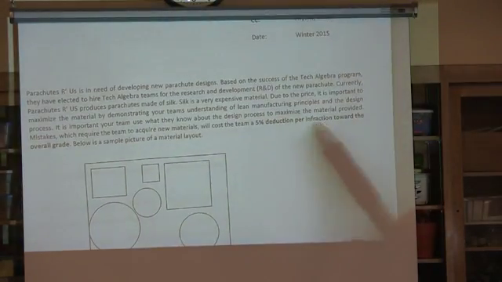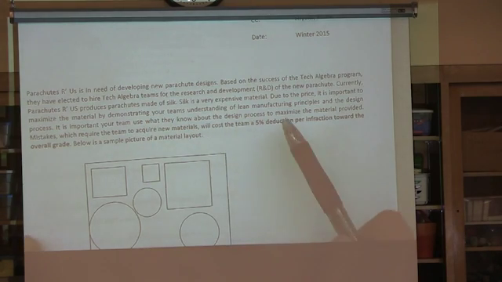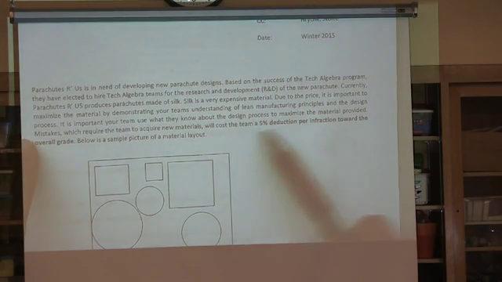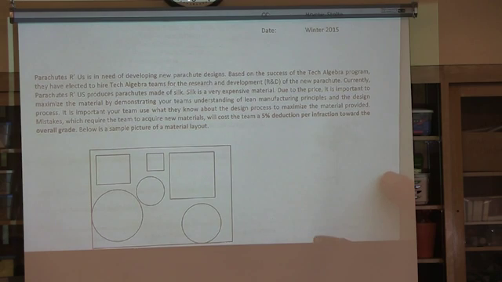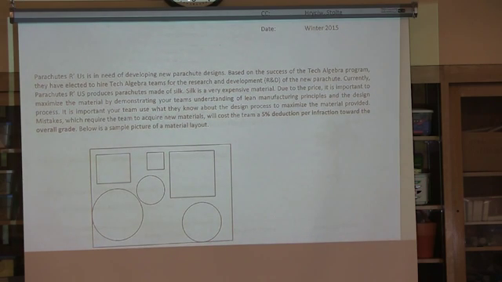A big thing to point out: you need to make sure that you don't waste any material. For each extra sheet of paper you have to get, there's going to be a 5% cut off your grade. Materials all cost money. You messed up back in first semester, and we didn't take it off your grade then.